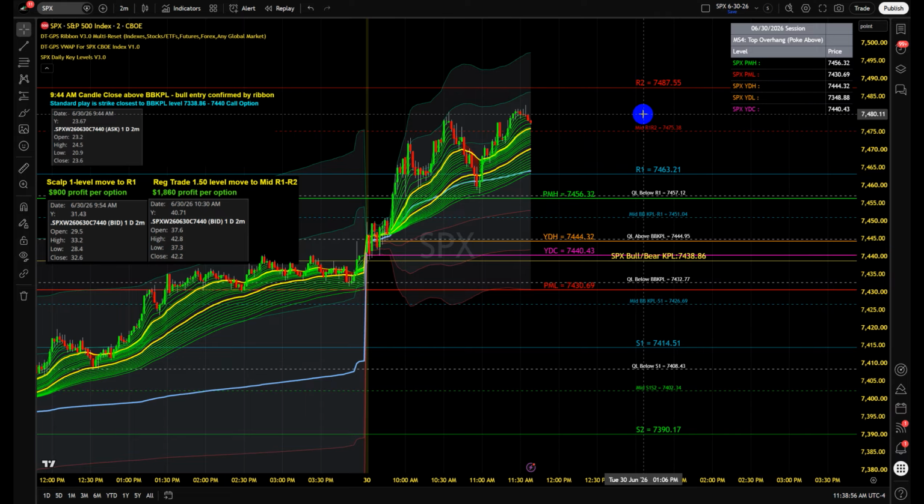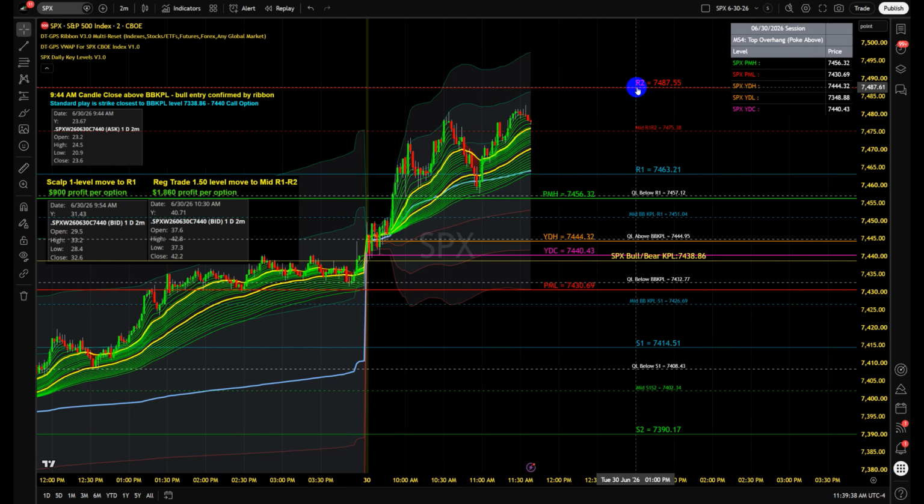Why is that the ideal move? Well, we go back to the two level extension above and below the bull bear KPL, where price is contained 80 to 85% of the sessions in a regular trading year in a regular, moderate volatility environment. A two level move can mean either a trade from the BBKPL up to R2, a bearish trade down to S2, and it can also mean S1 up to R1 on a bullish trade, or conversely, a bearish trade R1 down to S1.